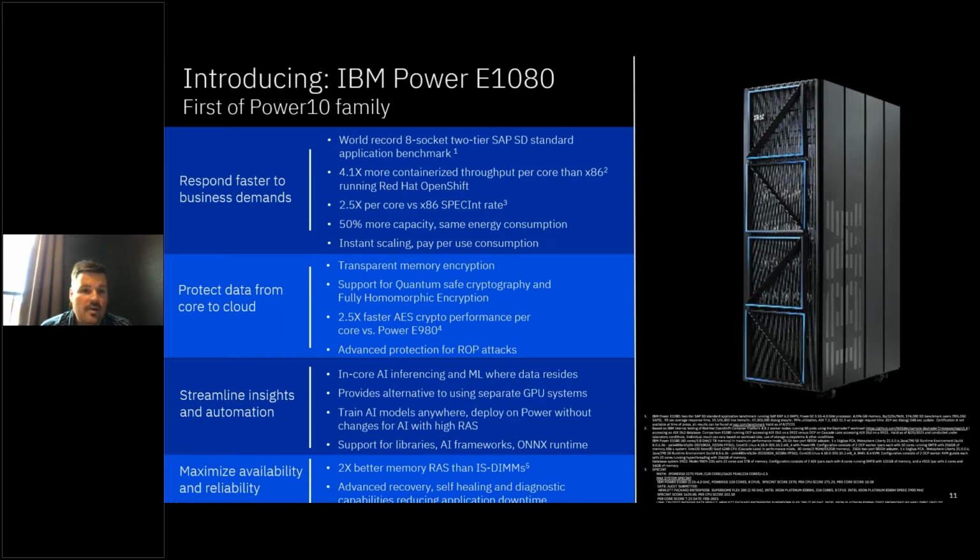We do around 955,000 SAPs as the benchmark is listed, and the best Intel-based system, which is a Google number, and then there's a Superdome number, is in the mid 800s. From a socket perspective, we are delivering over 4x the performance per core than what alternative architectures can provide, and it is a world record number.